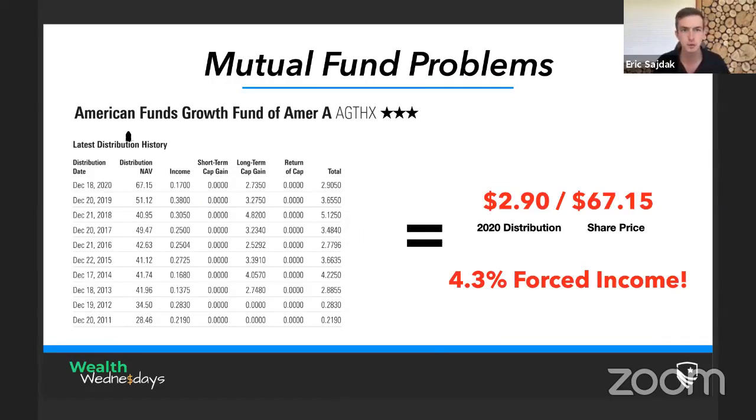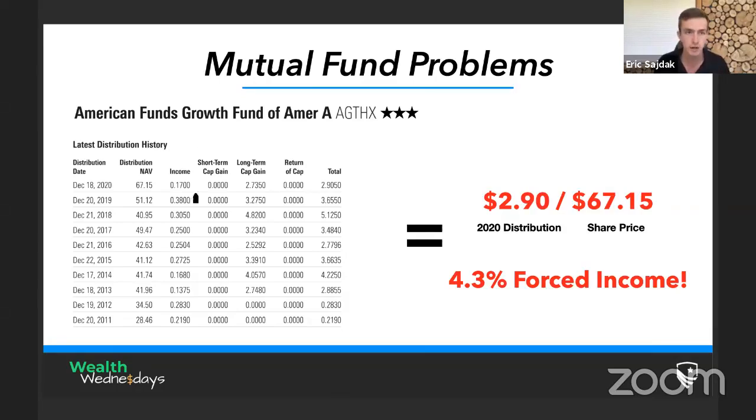So for instance, we have the American Funds Growth Fund of America here. And I'm not picking on just this American fund. This is an issue with all mutual funds or many mutual funds, is that they're tax inefficient. Anytime they're making a change, that change is passed through to you, the investor. And obviously, if you own that mutual fund, you can't choose whether to take that long-term capital gain or not. It's, again, passed through to you.